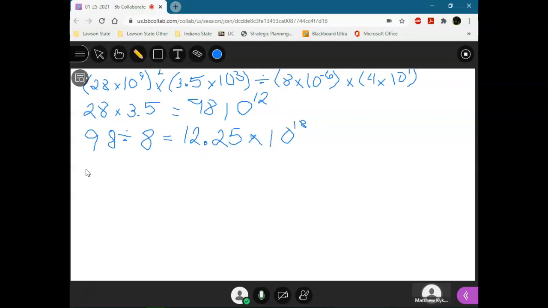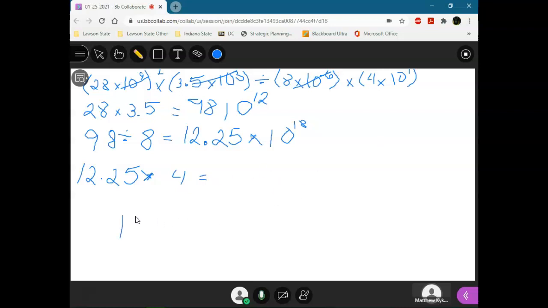So the next thing I'm going to bring down is that 12.25 and multiply it by 4. So far we've gotten rid of this guy, and this guy. We're down to that 4 times 10 to the 1, so 12.25 times 4.